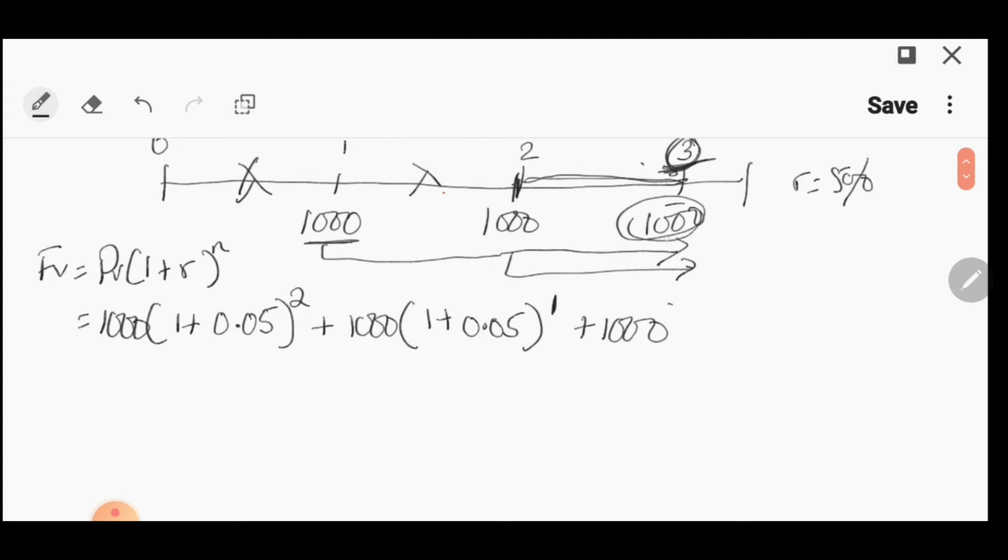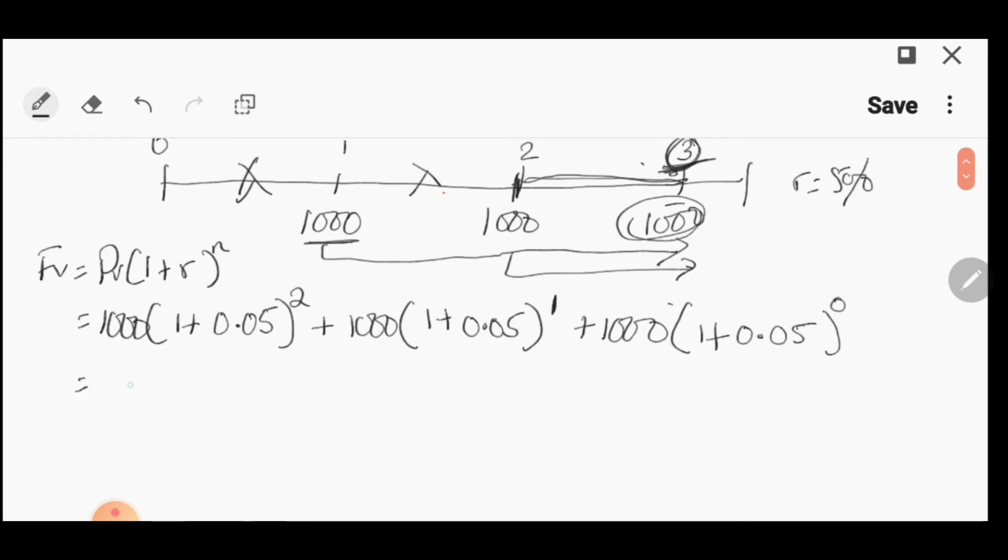So this cash flow doesn't get any time to earn any interest. Over here, you can use time 0, because this one is going to earn no interest. Or if you want, you can simply ignore this and just write 1000, because this will become 1.